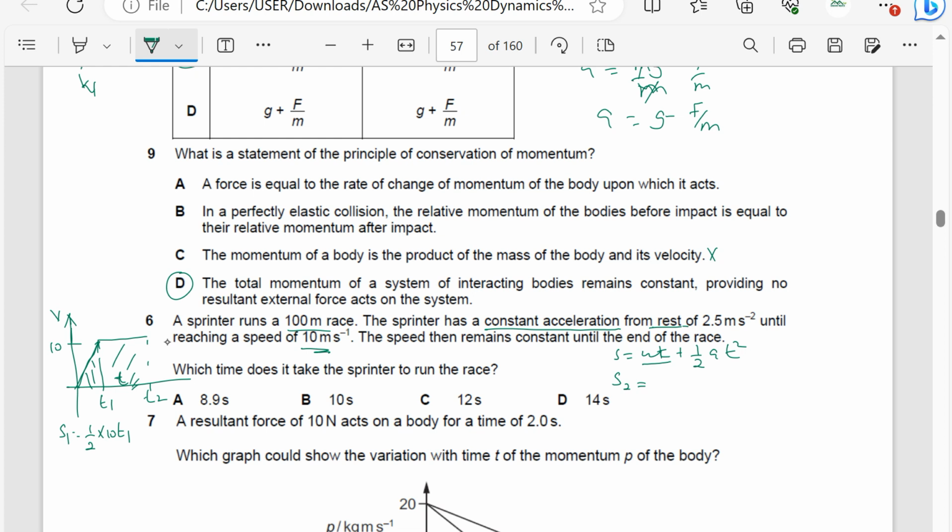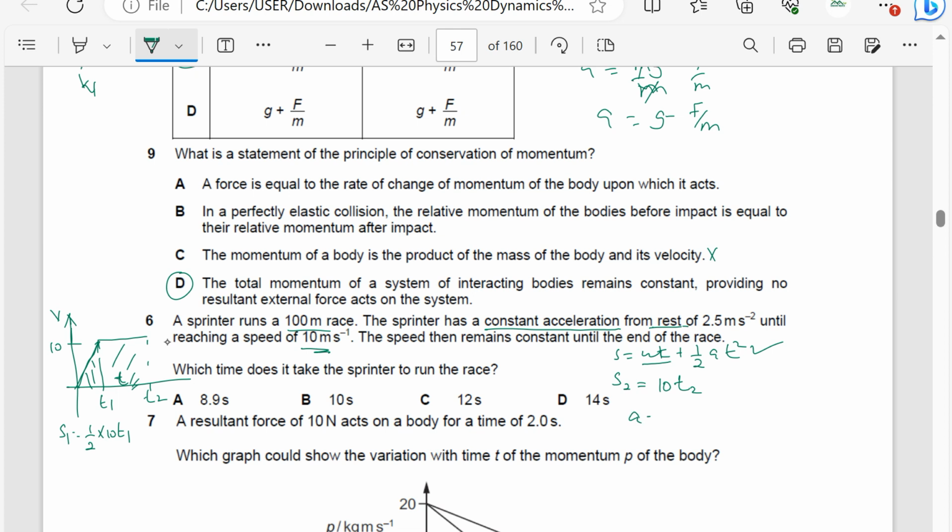So for the second part, it is 10 times the time, which I'm going to call t2. For the first part, it is going to simply be a half times 10 t1, or you could use this equation. You could still use this equation, which is fine. I can find t1.